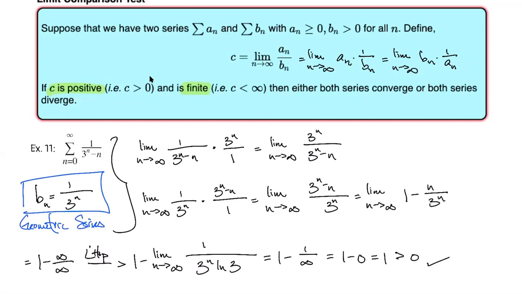Geometric series, r equals 1/3, so this one converges. And since this one converges, it means this one converges, because their behaviors have to match if I get a positive finite number at the end.